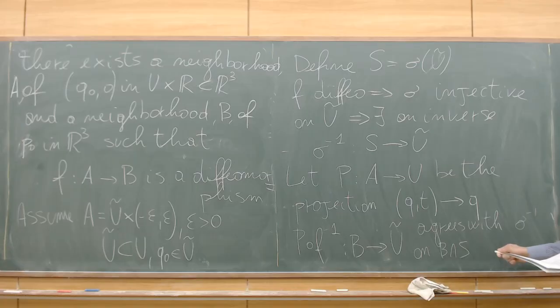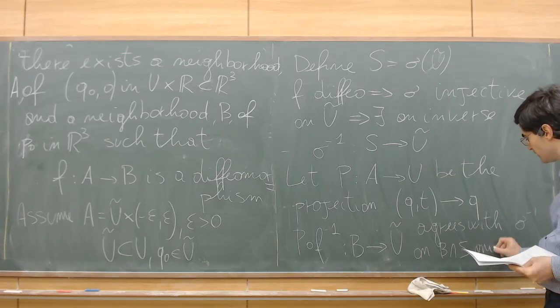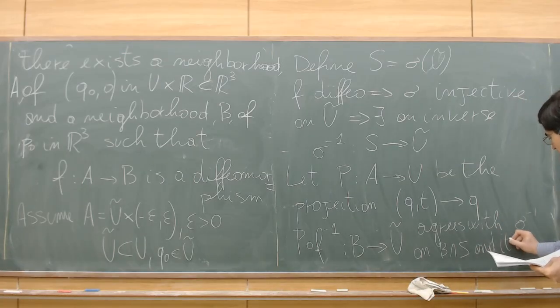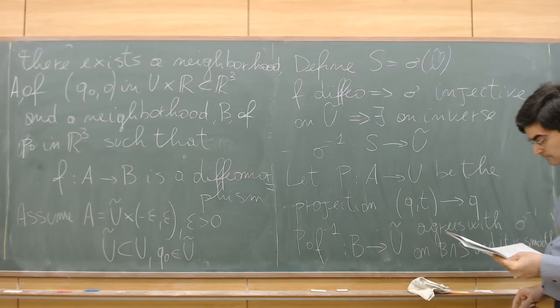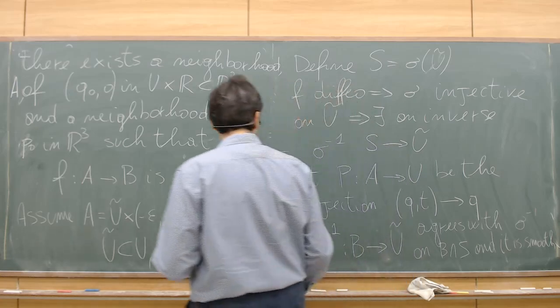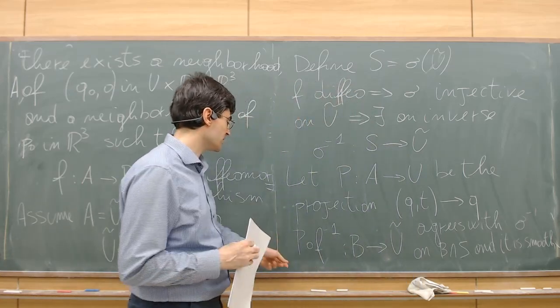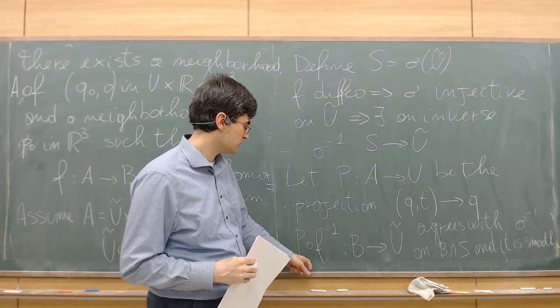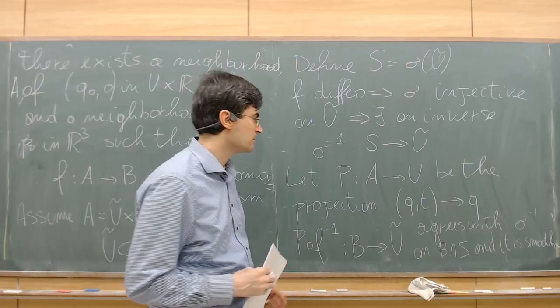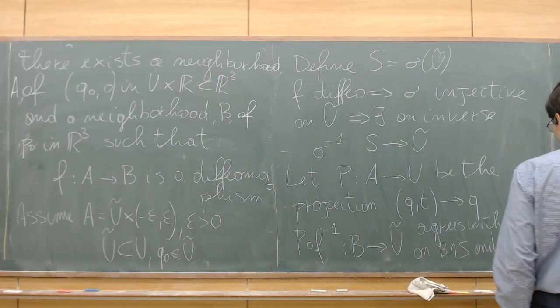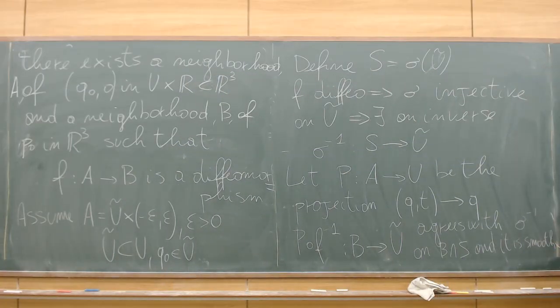And it is smooth. Why? Because the projection is a smooth function and the F inverse is smooth. So this proves that the sigma inverse is smooth and is done.